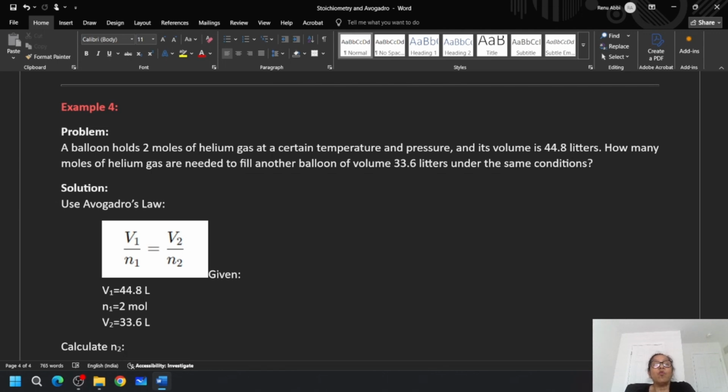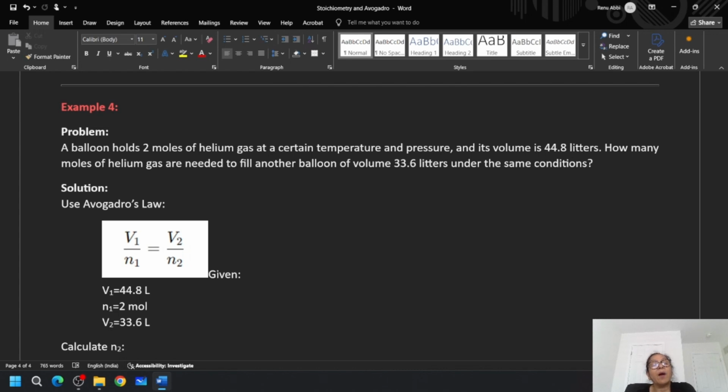Here the volume of the balloon is going to be changed and we are going to calculate the moles. So volume V1 is 44.8 and the number of moles N1 is 2 moles.